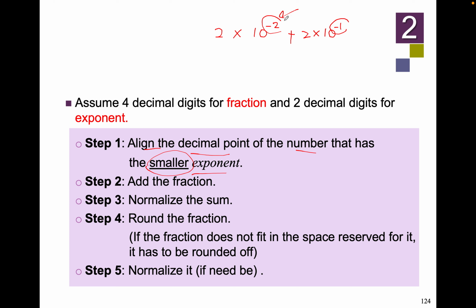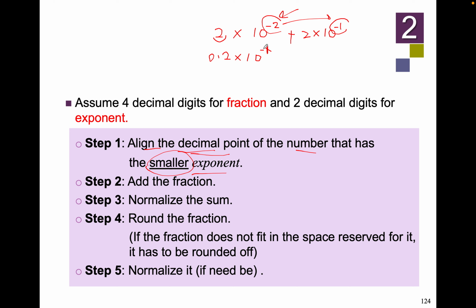Which one is the smallest? If this is the smallest, you need to change it to align with your decimal point. Let's say we're going to change to 0.2 times 10 to the power of minus 1.